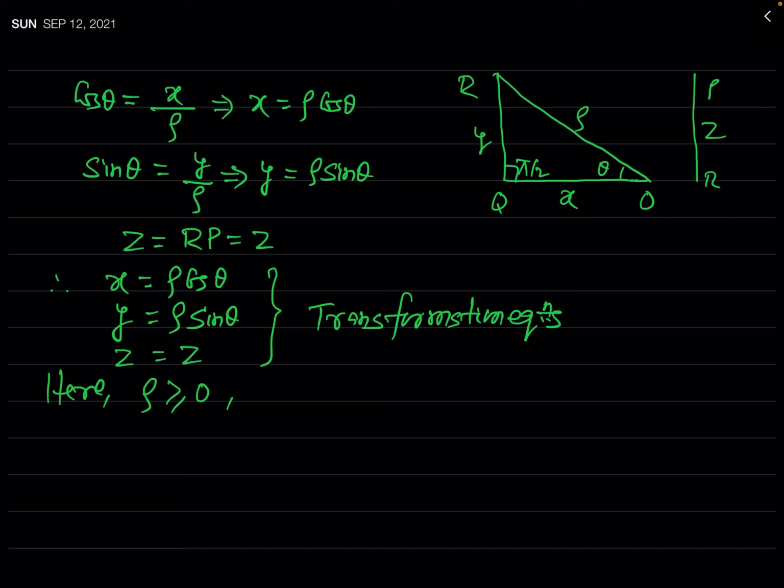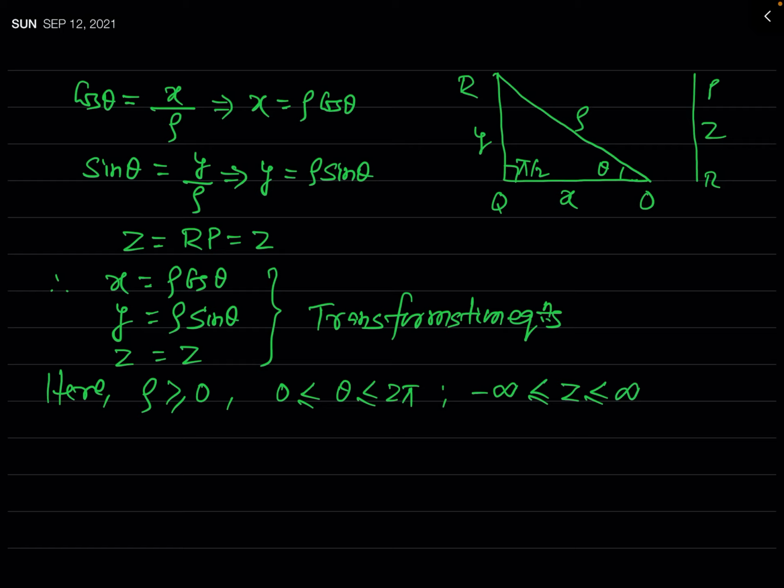And theta has limits 0 and 2 pi, it means 0 is less than or equal to theta, and this is less than or equal to 2 pi. While z varies from minus infinity to plus infinity, or you can say minus infinity is less than or equal to z, and this is less than or equal to plus infinity.